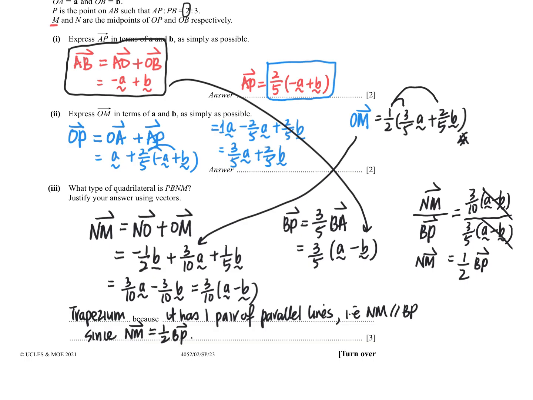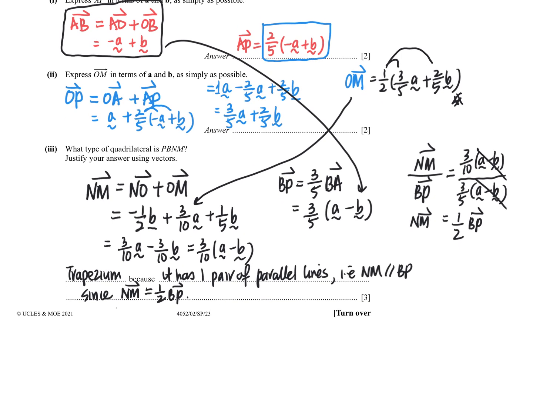Scalar multiple means a constant number. It is a constant multiple of another one. So you see NM is half times BP. This is how we write scalar multiple. Scalar means a constant number, and in this case the constant is half.